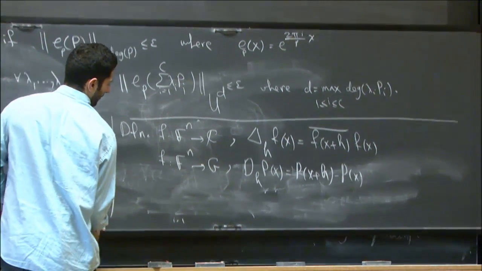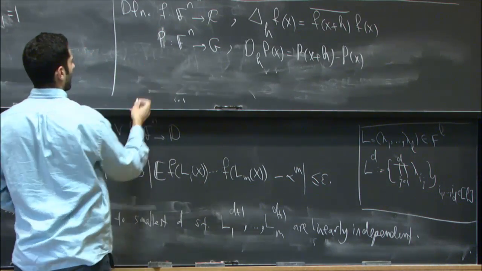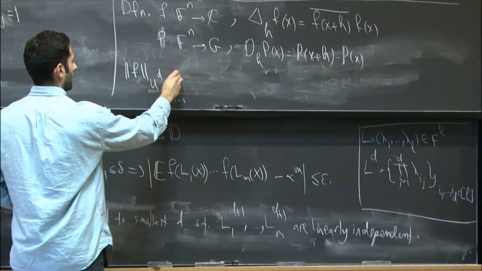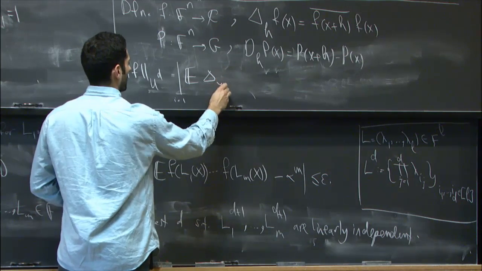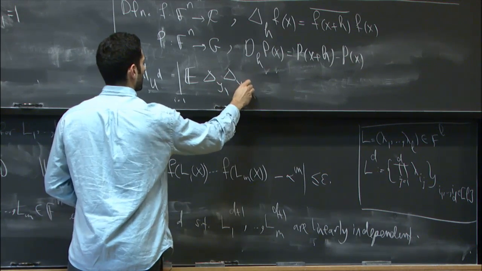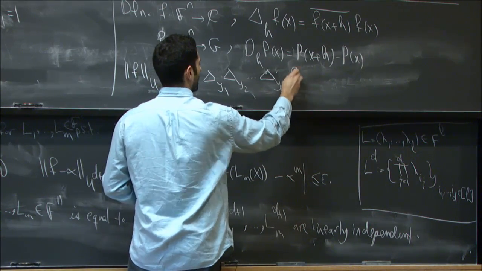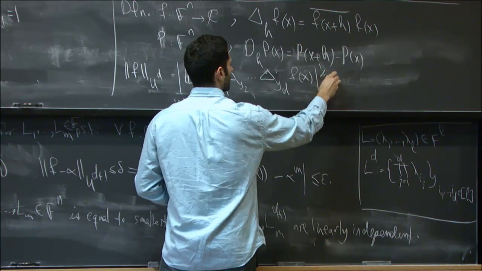And why they are useful is the following. The Gowers norm is really just the expected value of delta y1, delta y2, ..., delta yd of f of x, to the 1 over 2 to the d.